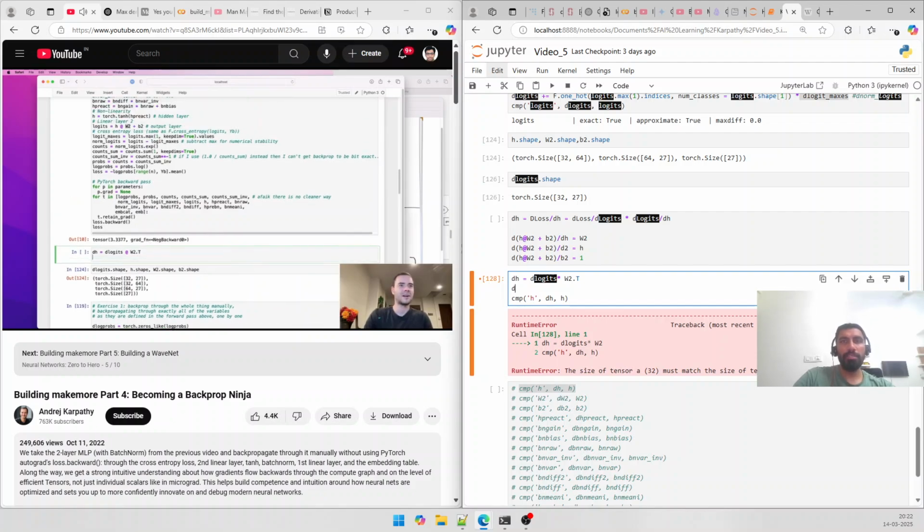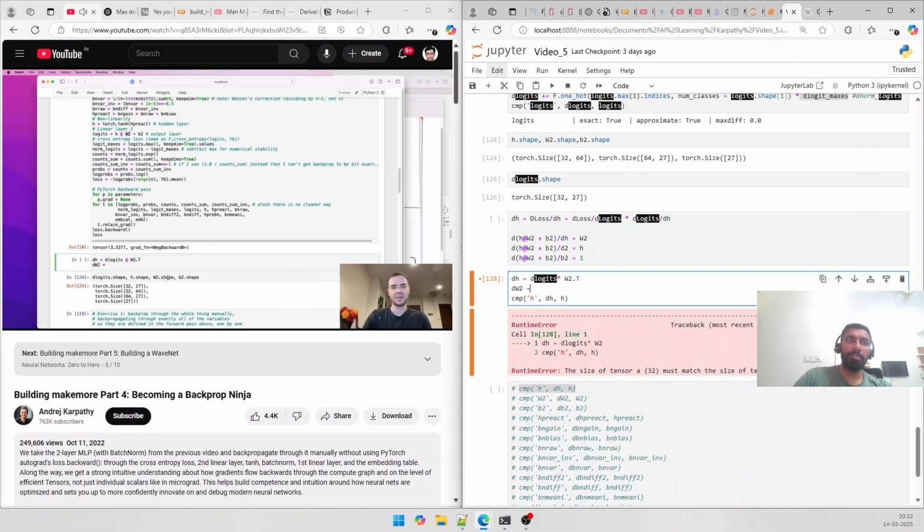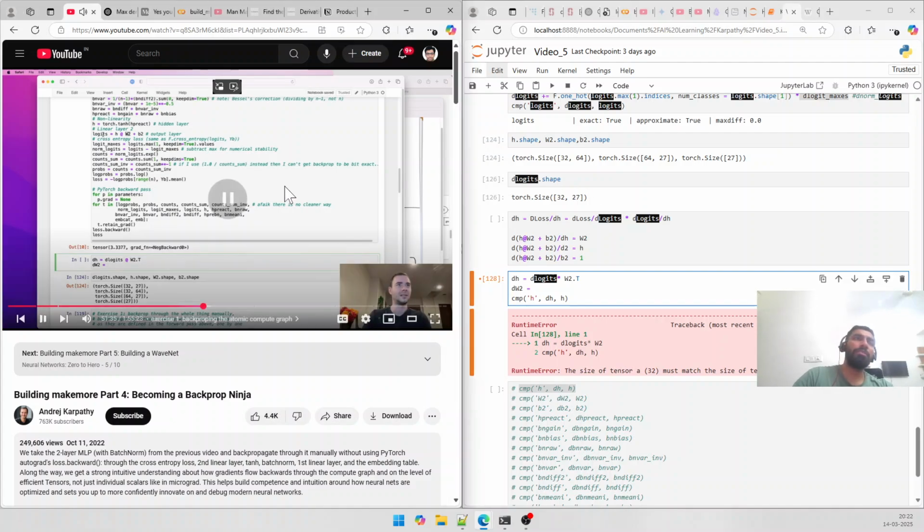Similarly, now if I want dW2, I know that it must be a matrix multiplication of d logits. W2 is 64 by 27, so 64 has to come in front.